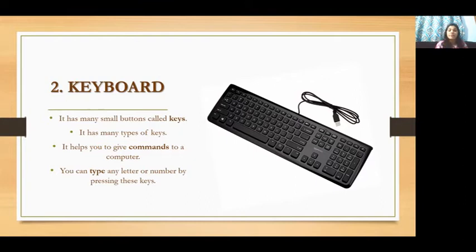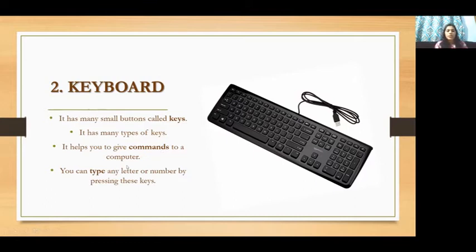Keyboard and mouse are used to give commands. Say after me: keyboard and mouse are used to give commands. What is the spelling of commands? C-O-M-M-A-N-D-S. Commands are the instructions that you are giving to a computer.